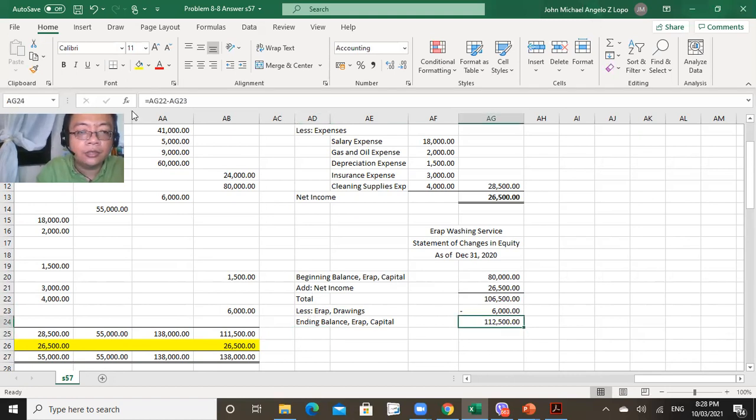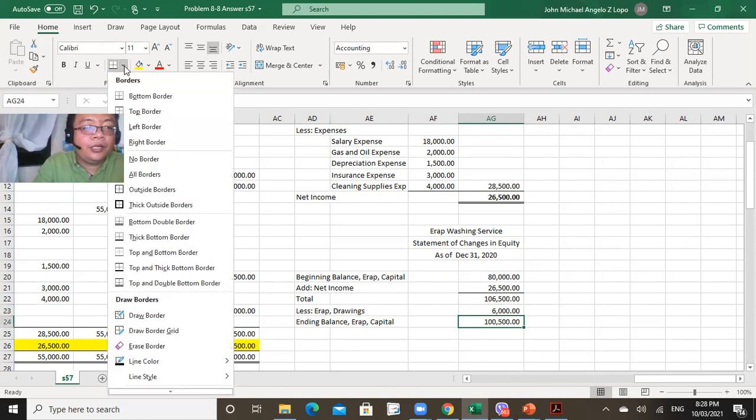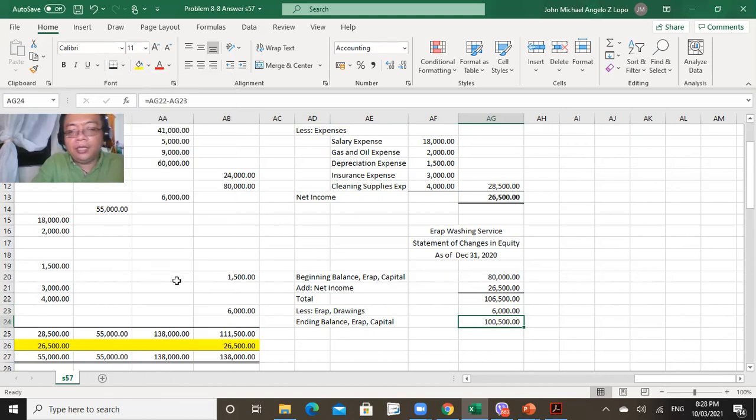Sorry, should be minus. So your ending ERAP capital is not anymore 80,000 but 100,500 already. Earlier I asked you if the net income will be transferred to your equity, the answer is yes. Why? Again, net income are all to be transferred to your owner's equity account.